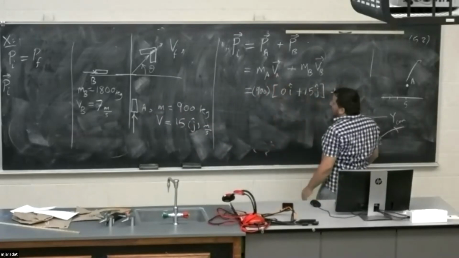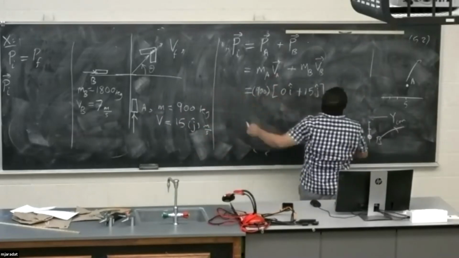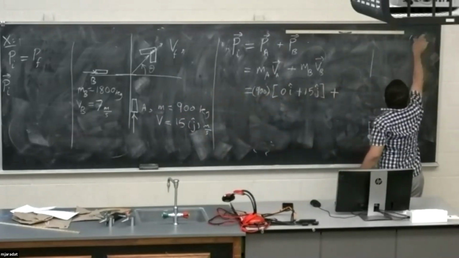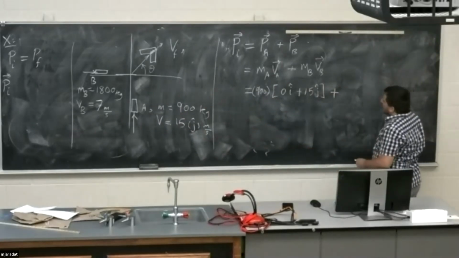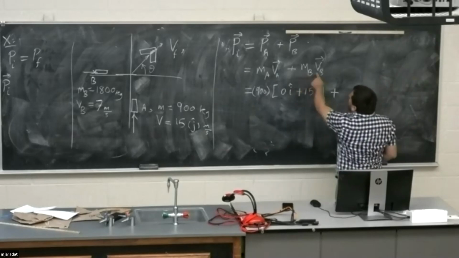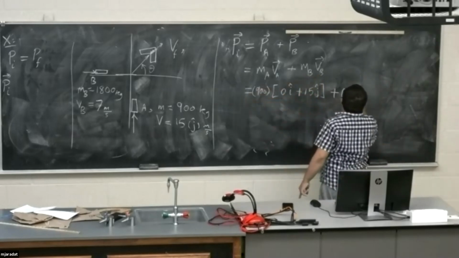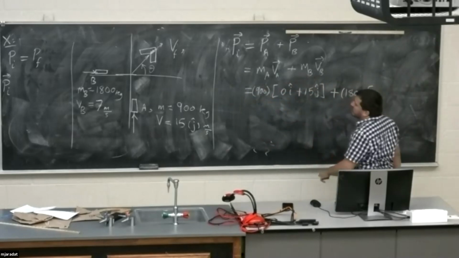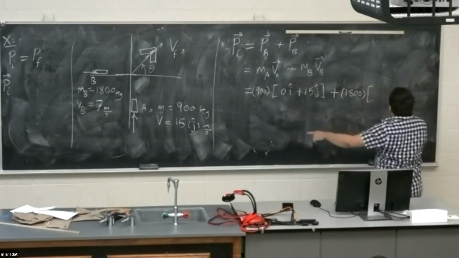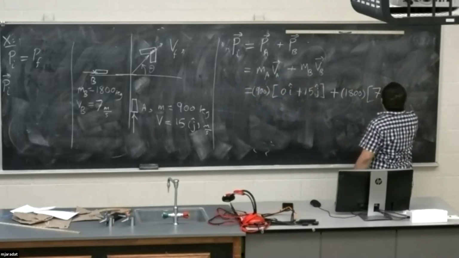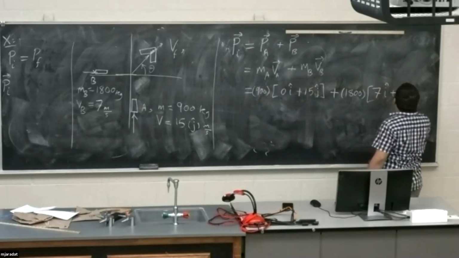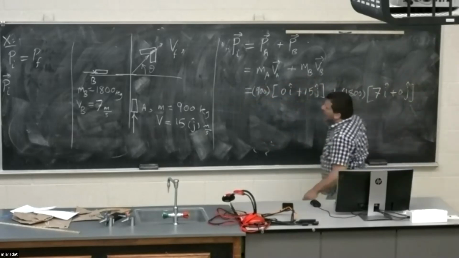Plus the momentum of the B object: the mass, 1800, multiplied by the velocity, which is 7 i hat plus 0 j hat, right?